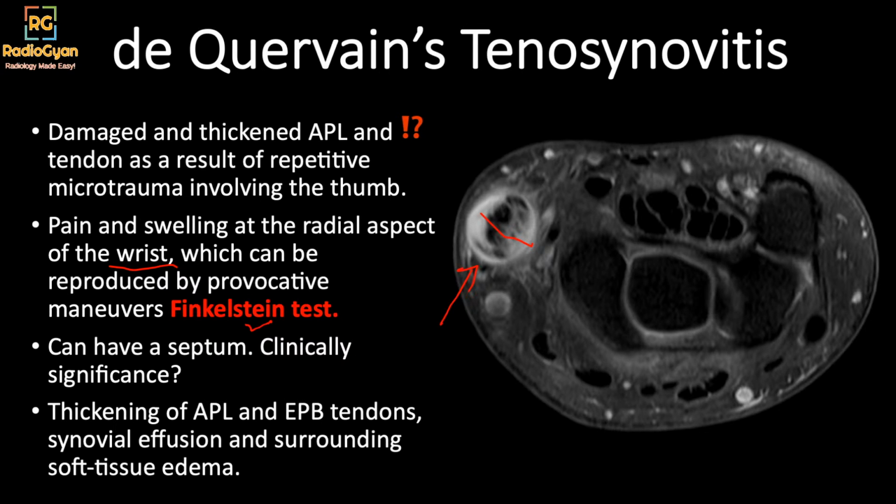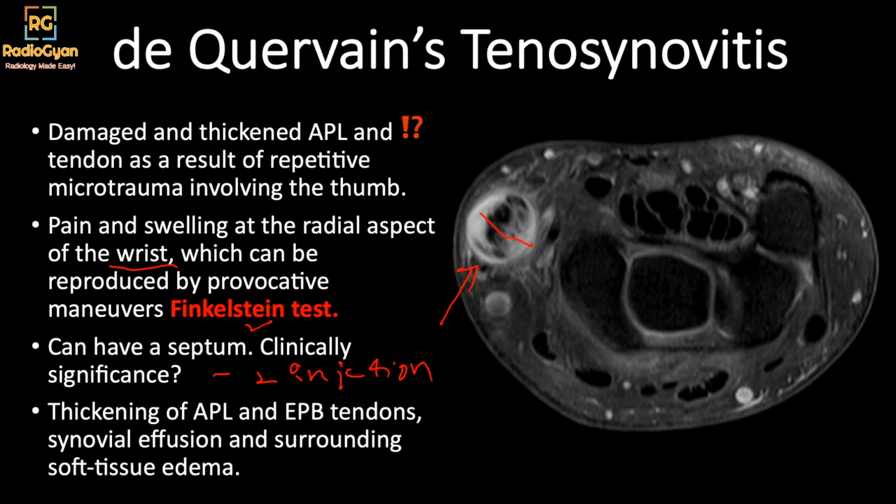Normally they are in a single sheath, but sometimes they can have a septum in between. The typical treatment is corticosteroid injection. So if these tendons are in separate sheaths, we may have to give 2 injections instead of a single injection. So the clinical relevance is that we may need to give 2 injections.